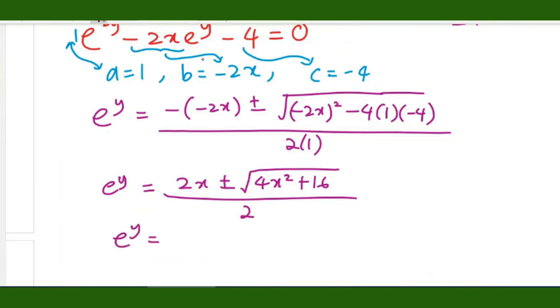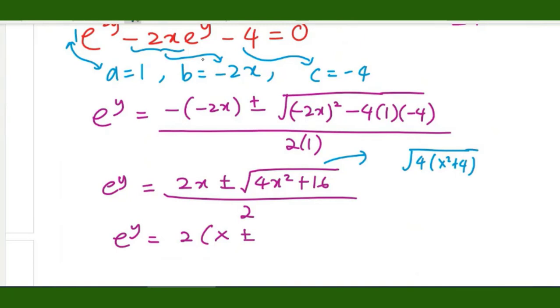So e^y equals 2x plus minus, for this part over here, we shall factor out 4: the root of 4 times (x squared plus 4).